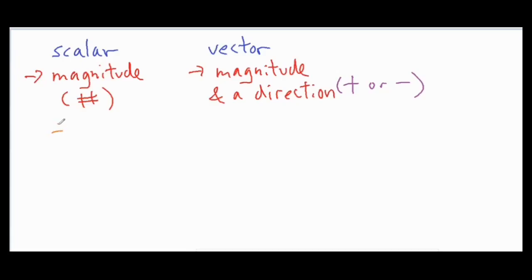So common scalars would be things such as time, speed, and distance. So these things are just purely a number value to tell you how much of something you have: the amount of time that's elapsed, how fast you're moving, and then the actual length that you've traveled. That's time, speed, and distance.